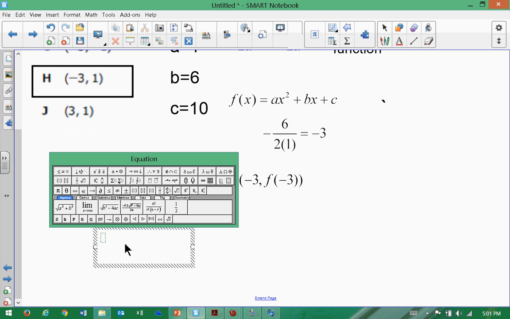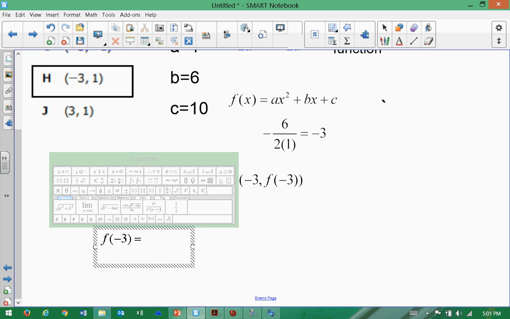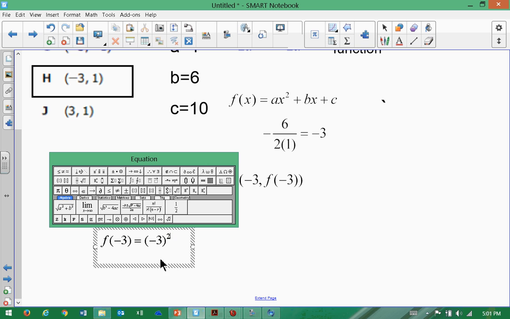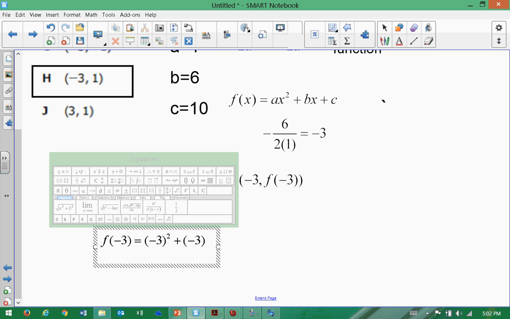So f of negative 3 looks like this: negative 3 raised to the power of 2, plus 6 times negative 3, because negative 3 is x and there's a 6 in front of it, and then plus 10. Let's show our steps.